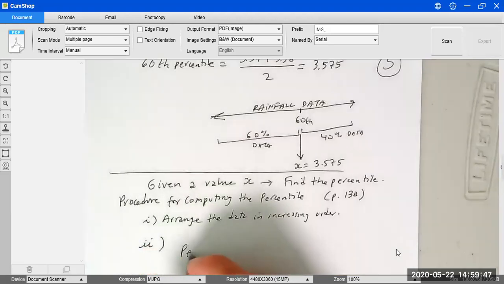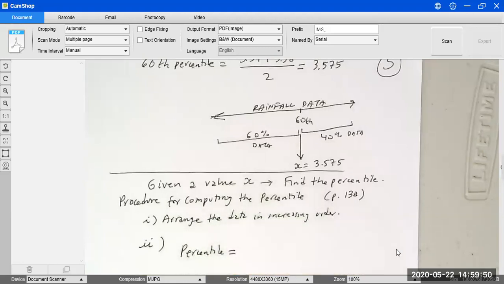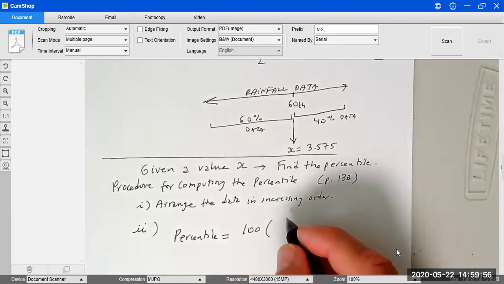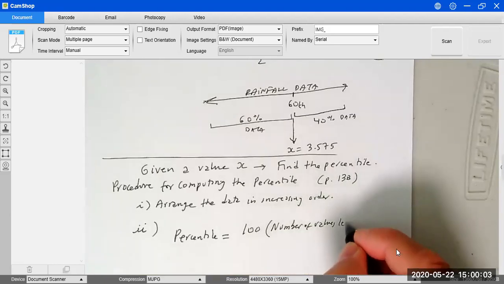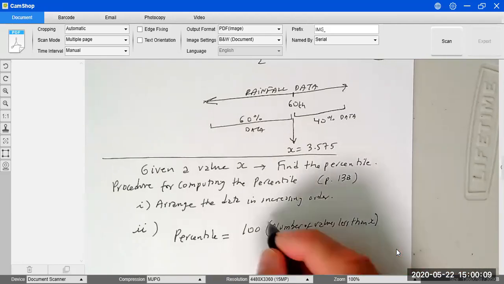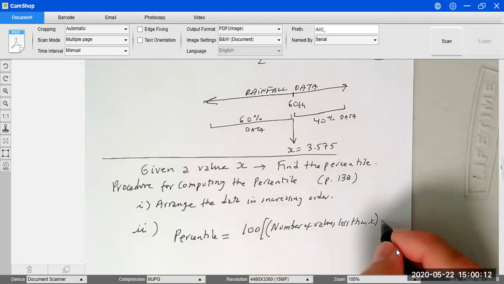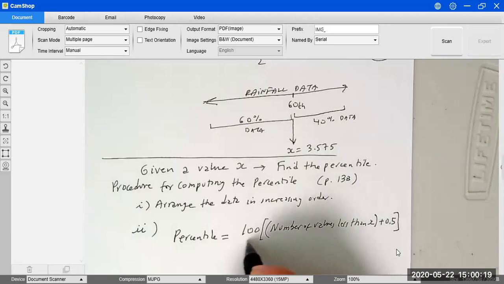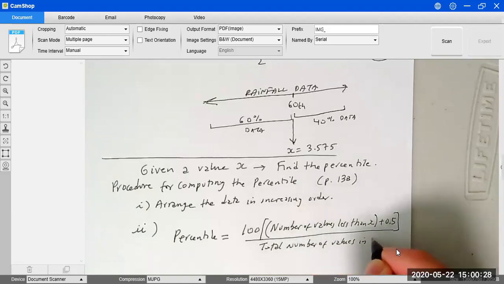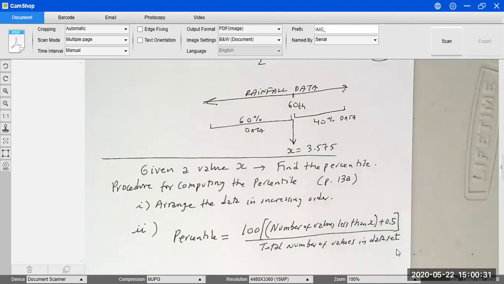The percentile corresponding to that value is going to be 100 times the number of values less than x, and then we're going to add 0.5 to that value, and then we're going to divide by the total number of values in the data set. So that is going to be the formula.